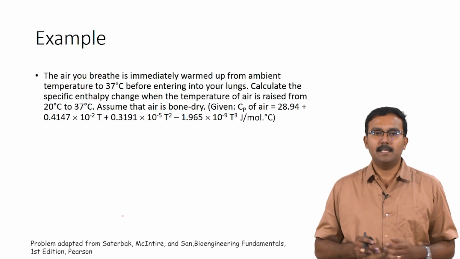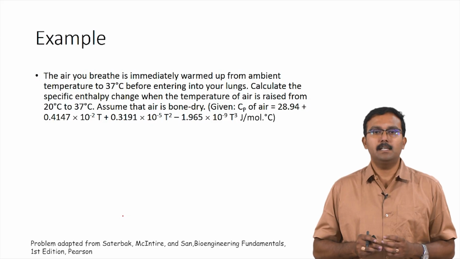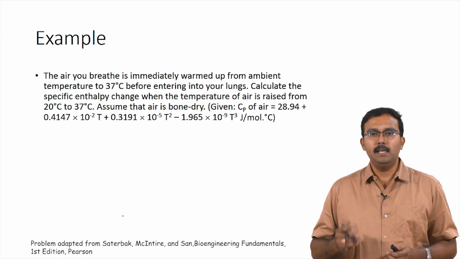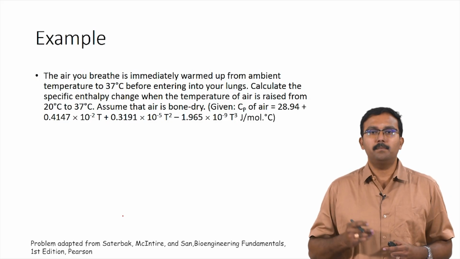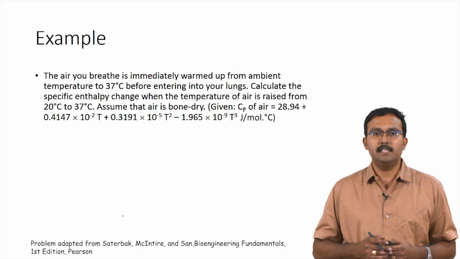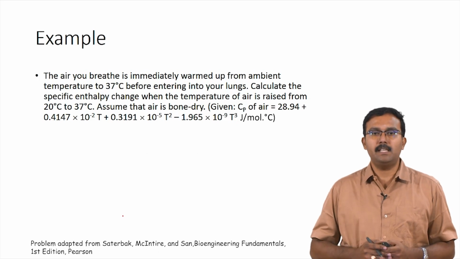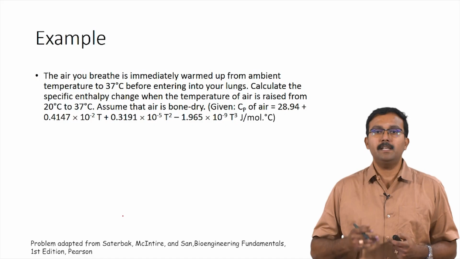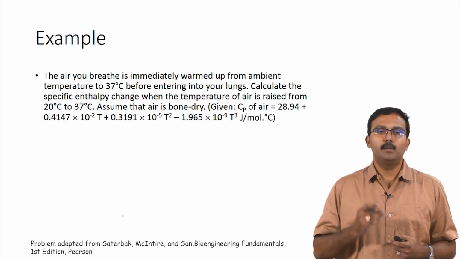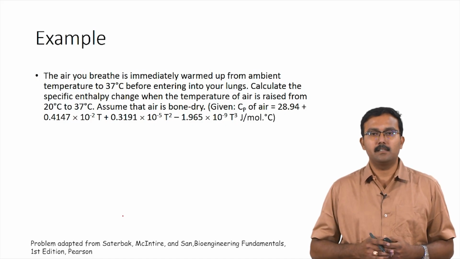Here is one simple example problem which will help us understand how to calculate enthalpy for a system. The air you breathe is immediately warmed up from ambient temperature to 37 degrees Celsius before entering into your lungs. Calculate the specific enthalpy change when the temperature of air is raised from 20 degrees Celsius to 37 degrees Celsius.